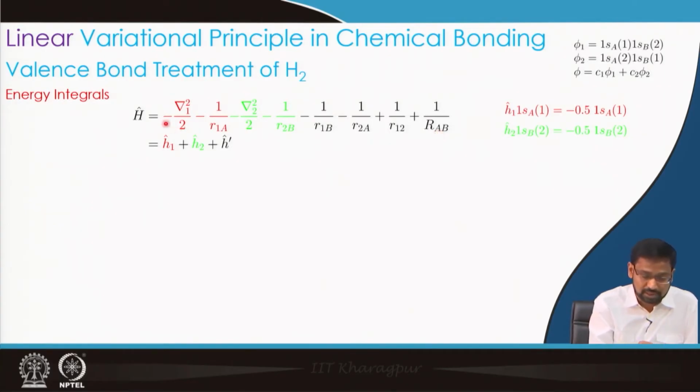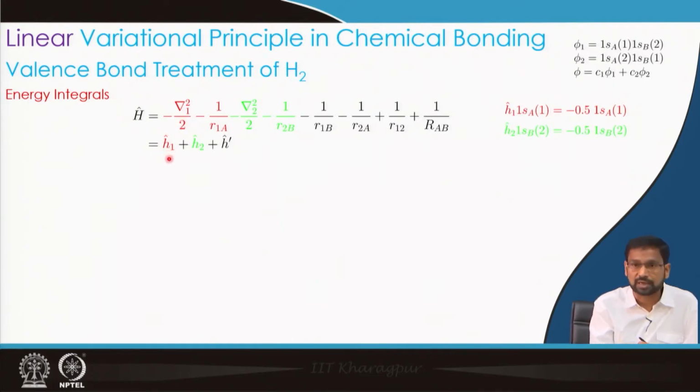Now, the terms that you see in red here say the kinetic energy of electron 1 and electron 1's interaction with the nucleus A. If I take these two terms together, it would simply remind me of hydrogen atom A that contains electron number 1, because it has the kinetic energy of electron 1 and its interaction with nucleus A. So this is hydrogen atom A, or I am calling this H1.